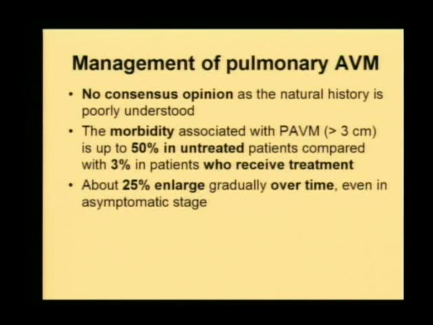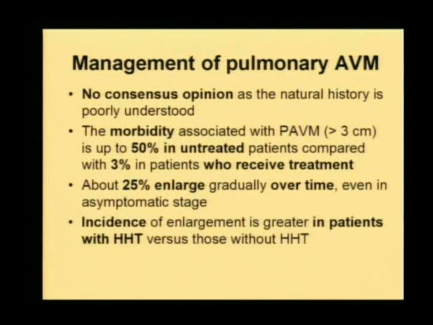So 1 in 4 malformations will increase over time. So gradual progression or a rapid progression of the size of a malformation is a standalone indication for treatment. Also, association with hereditary hemorrhagic telangiectasia is a sign of poor prognosis, so may be a sign for early intervention.